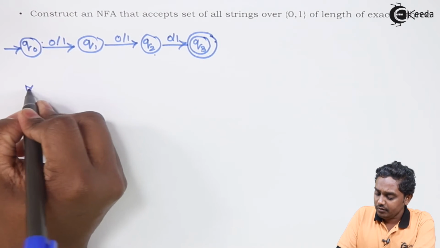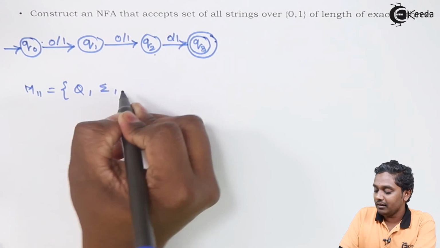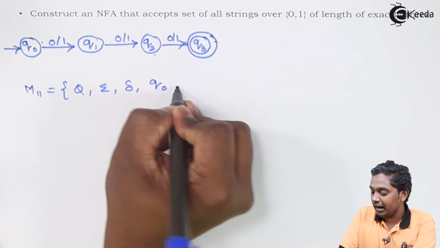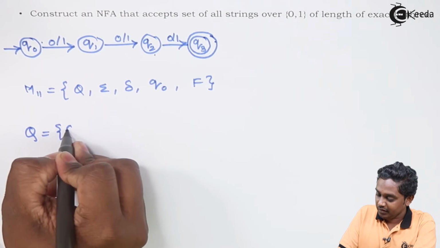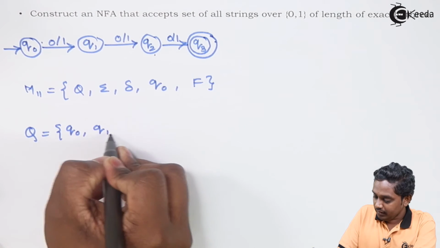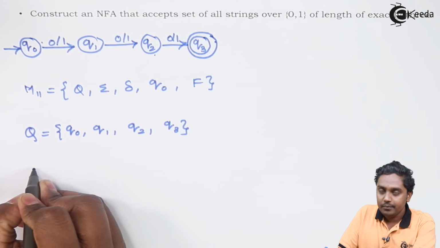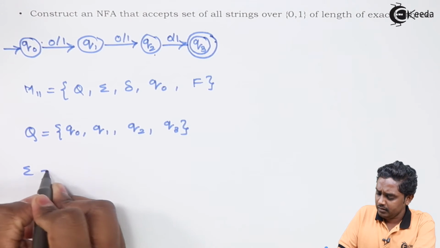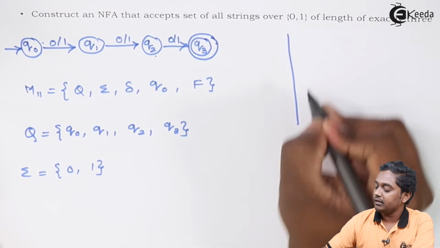Let's name this machine M11, having the components Q, sigma, delta, Q0 and F. Q is a set of states. Over here it is Q0, Q1, Q2 and Q3. Sigma is the input alphabet, having components 0 and 1. Let's draw delta in the form of a table.